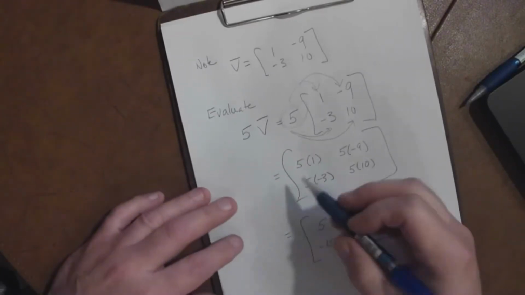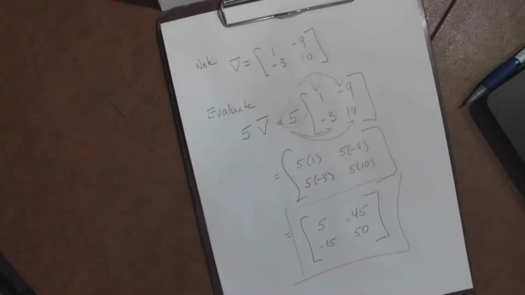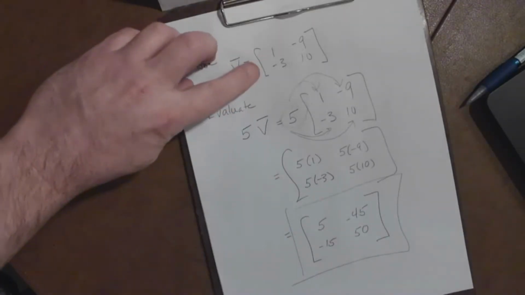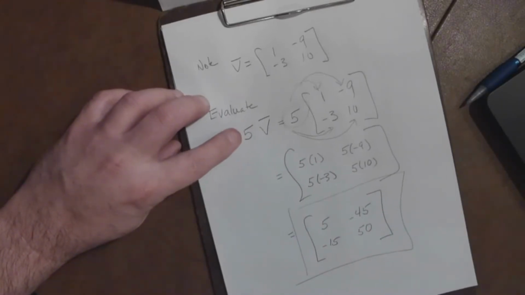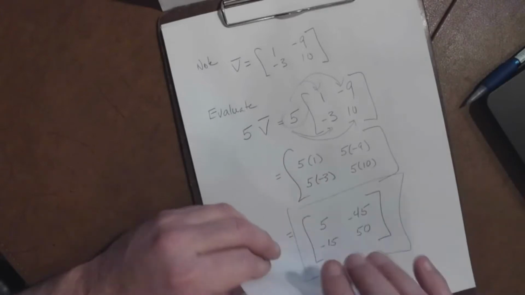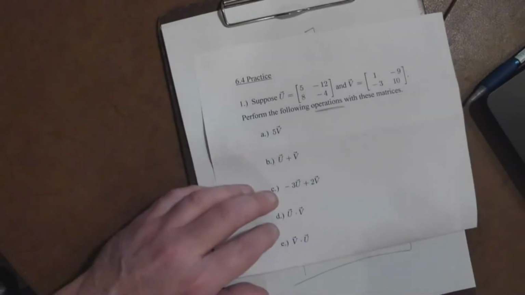And this, in the end, is going to be our scalar multiple of matrix V times the scalar value of 5. That is the first type of operation that we can perform with a matrix.